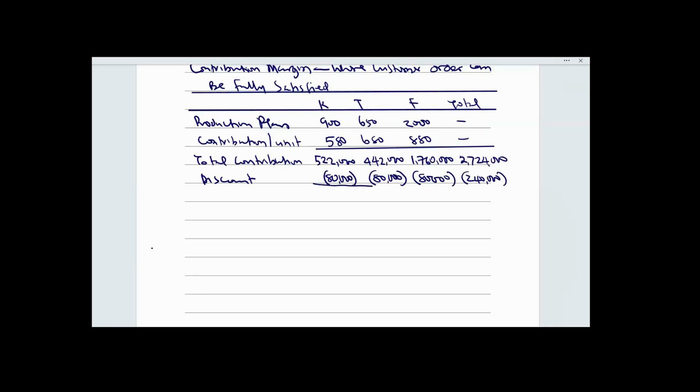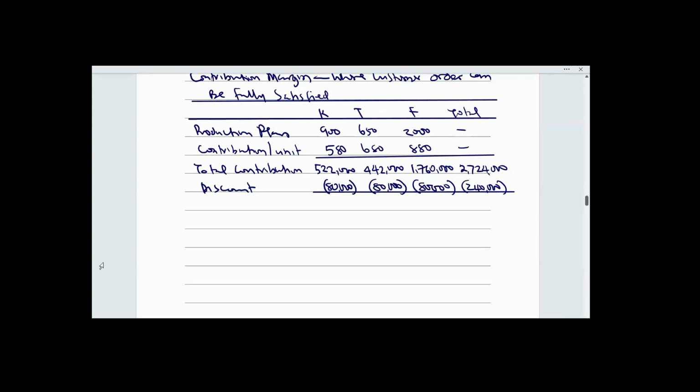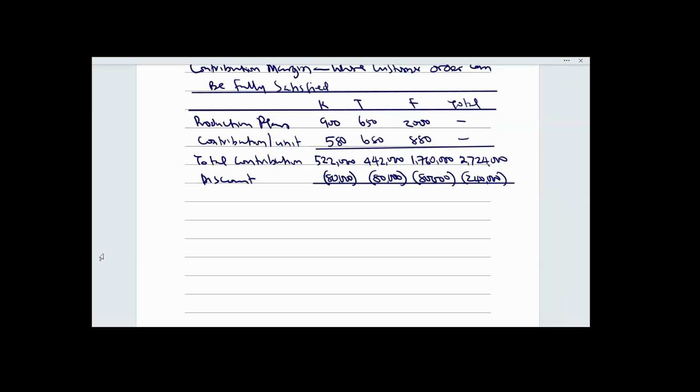So what do we have thereafter? For K, we have 442,000. This is the net contribution. For T, we have 362,000.